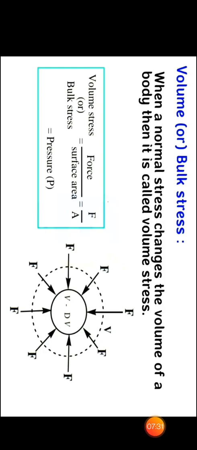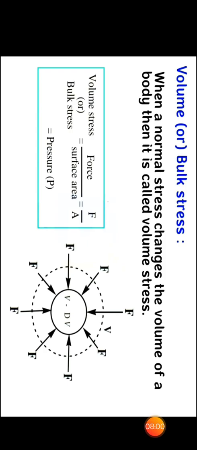Here the volume stress is equal to force upon surface area, that is F upon A. It is also called the pressure P. Now let F be the force acting perpendicular to the entire surface of the body, as shown in the figure. It acts normally and uniformly all over.